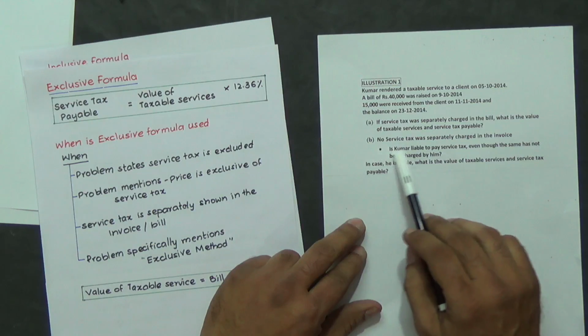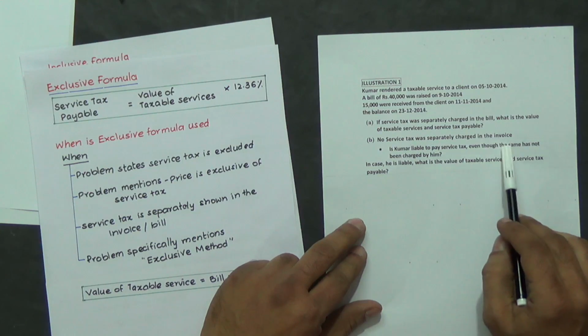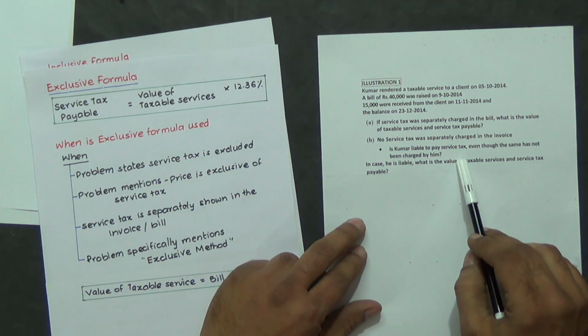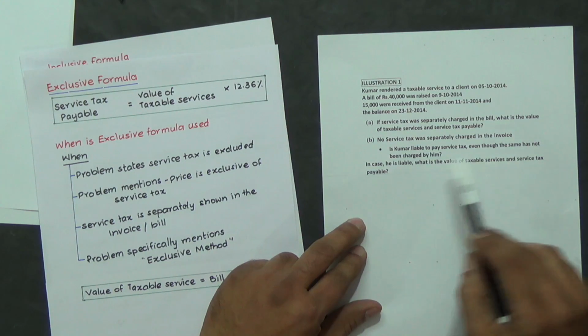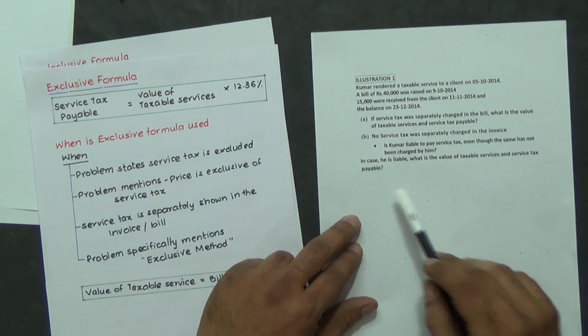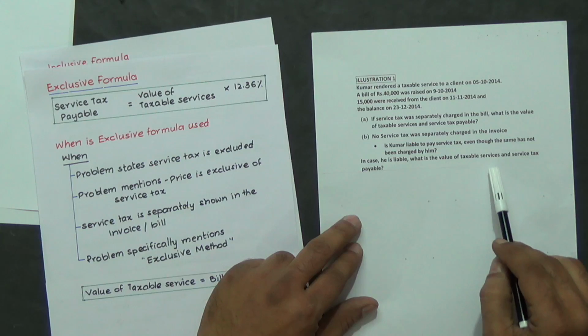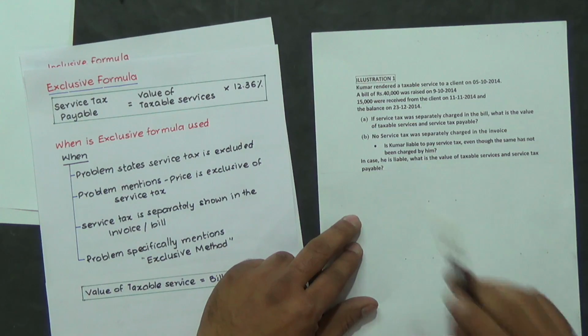Second question: no service tax was separately charged in the invoice. In that case, is Kumar liable to pay service tax even though the same has not been charged by him? In case he is liable, what is the value of taxable services and service tax payable?